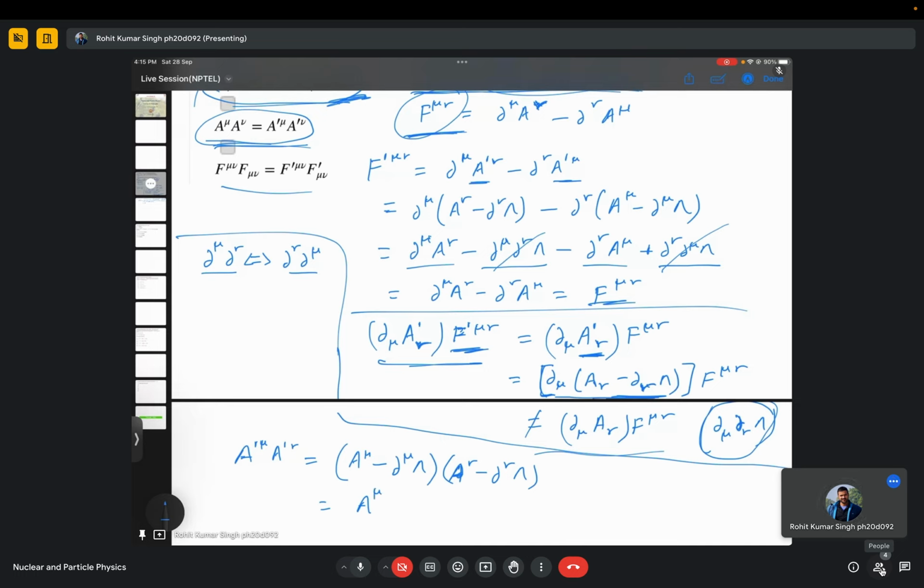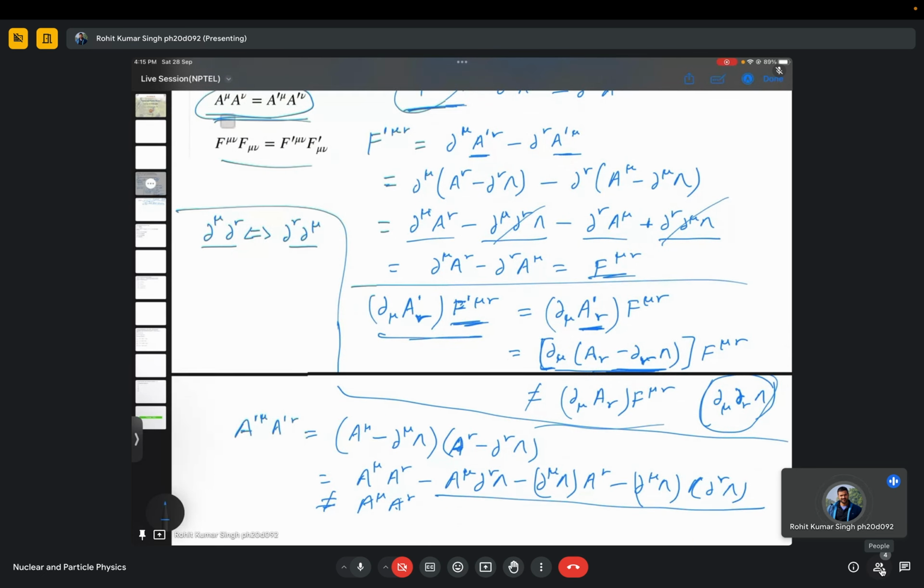You get A mu A nu, and then you get cross terms like A mu del nu lambda and del mu lambda A nu, and then del mu lambda del nu lambda. Now this is obviously not equal to A mu A nu, because you have these non-zero terms, and you cannot arbitrarily make them zero. So this is also not a correct option.